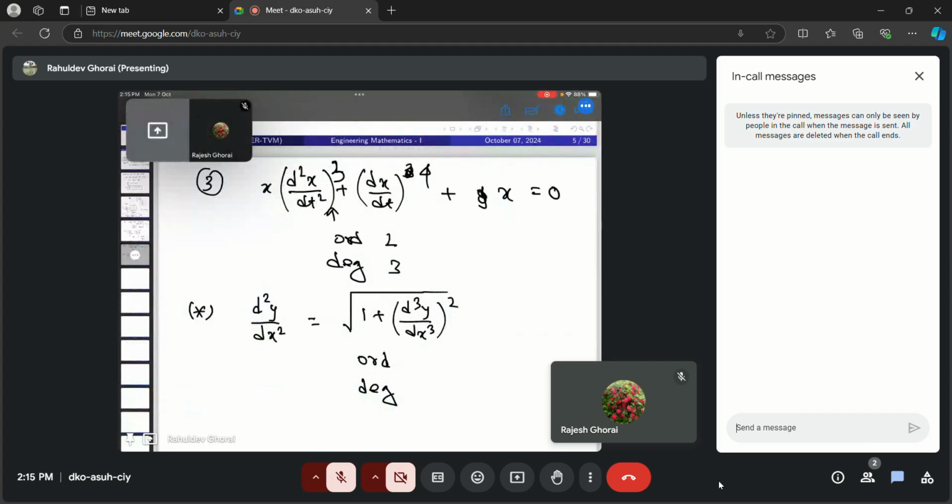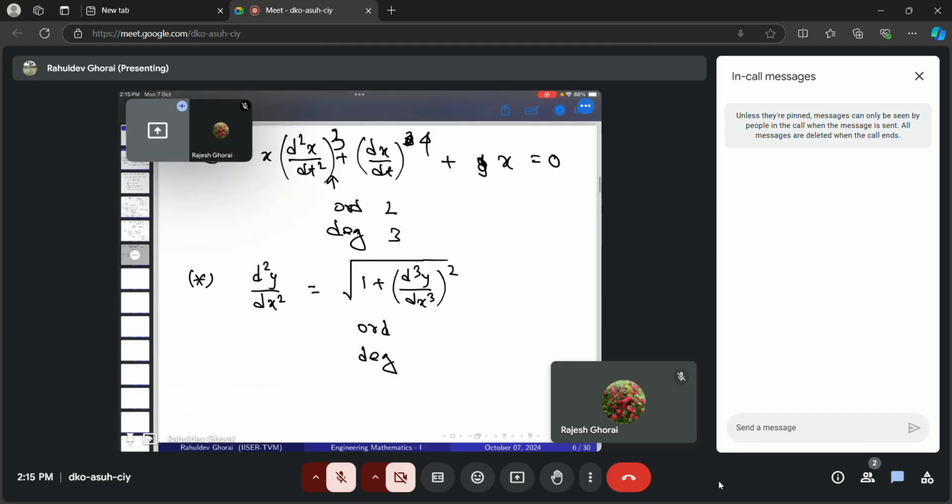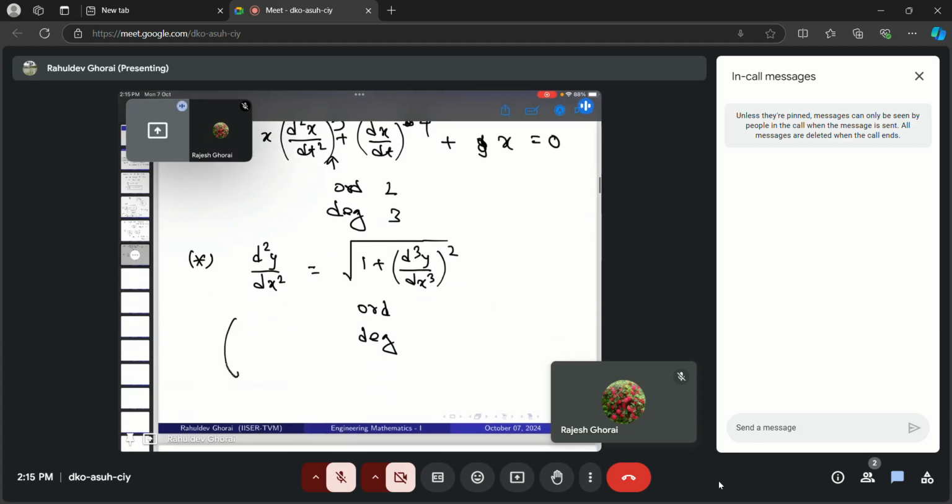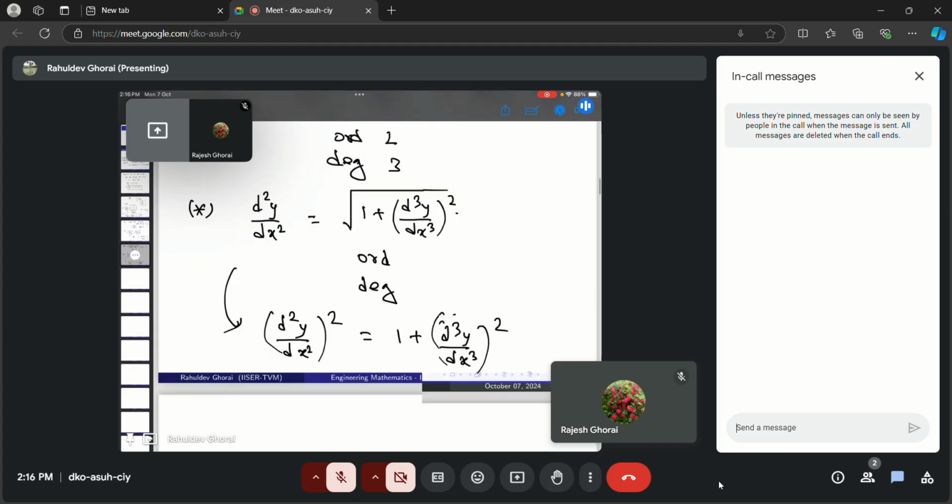The thing is, you always have to convert it to non-fractional form. If you have a fractional form like this, you change it by squaring it: d2y/dx2 to the power 2 is equal to 1 plus d cube y over dx cube, whole squared.